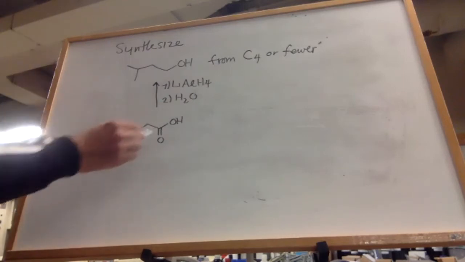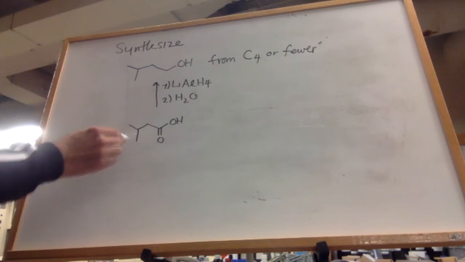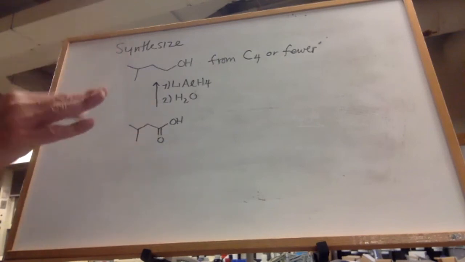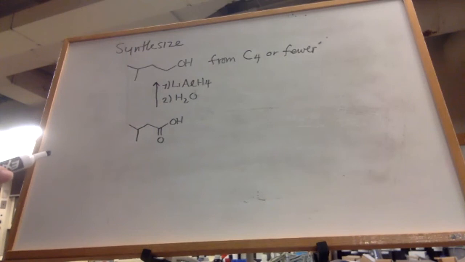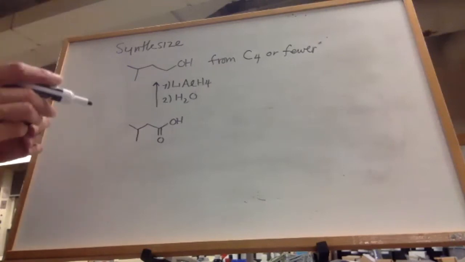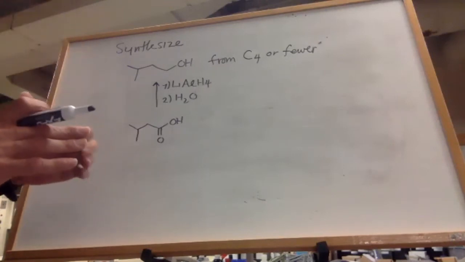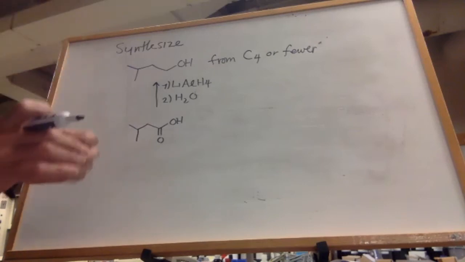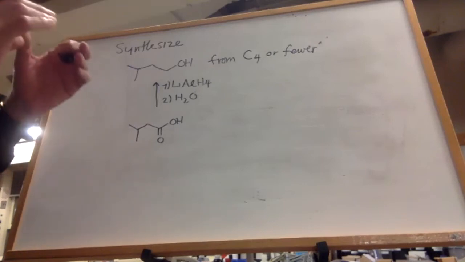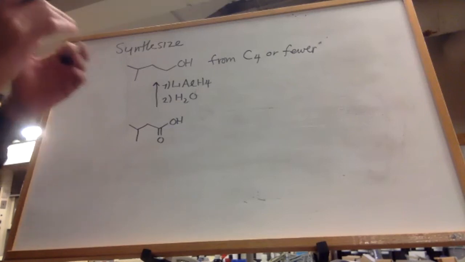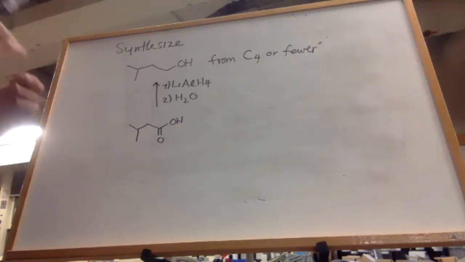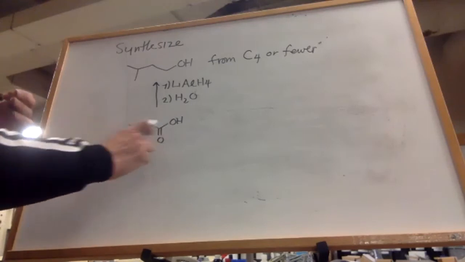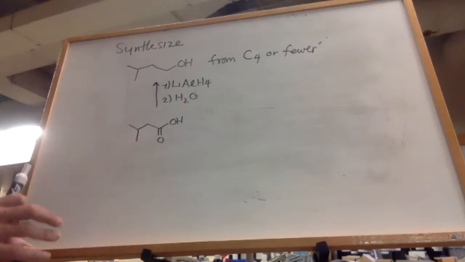Okay, so this is a carboxylic acid, and we just talked about all of the various ways of making a carboxylic acid. One of them would be carbonation of a Grignard. And we said that when we use that reaction, the carbon dioxide carbon becomes the carboxylic acid carbon, and the Grignard reagent has as many carbons as the target minus 1.